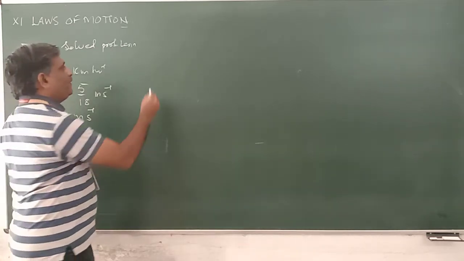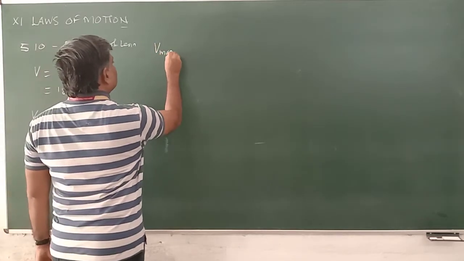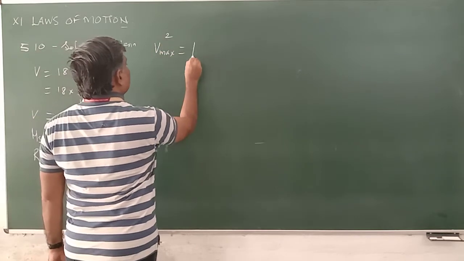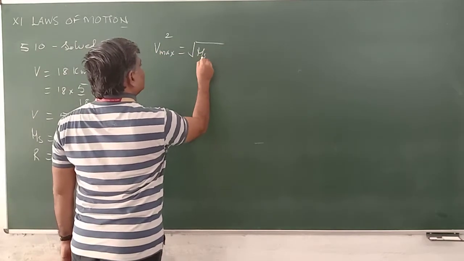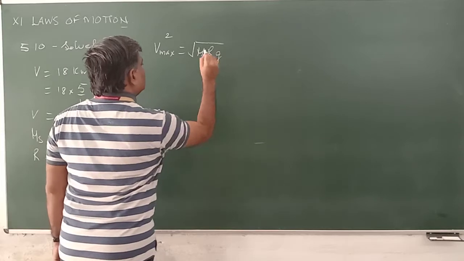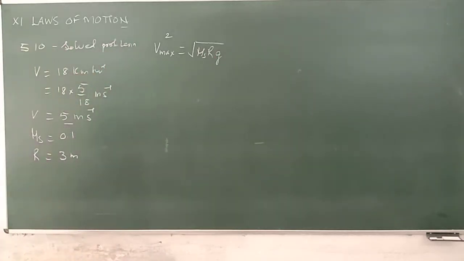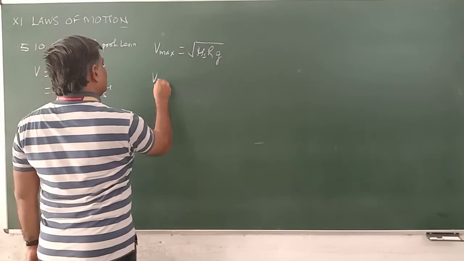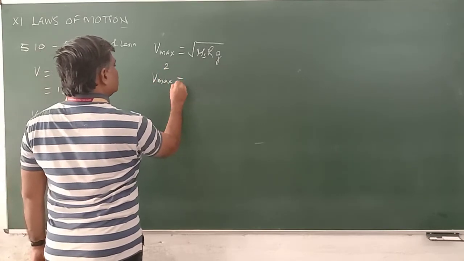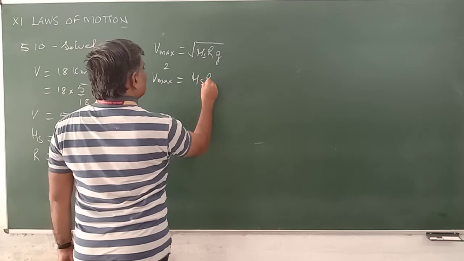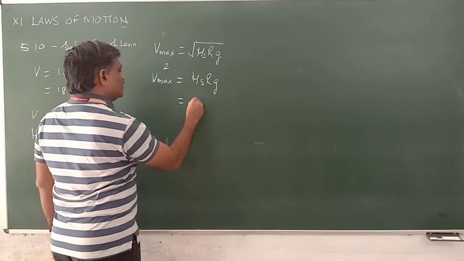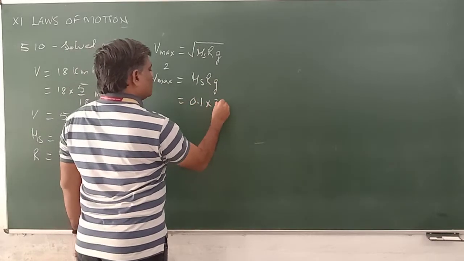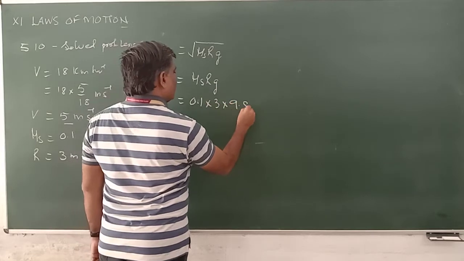We know the safety speed: Vmax square is equal to mu s r g. We can take g as 9.8. Squaring both sides, Vmax square is equal to mu s r g, which is 0.1 into 3 into 9.8.